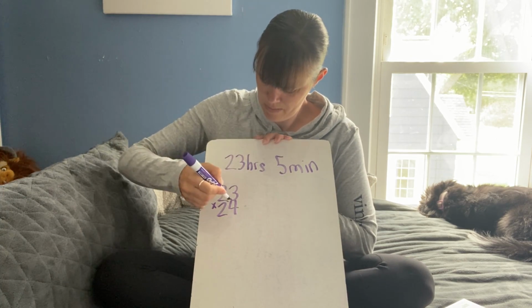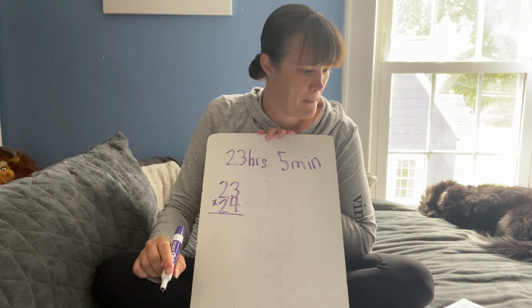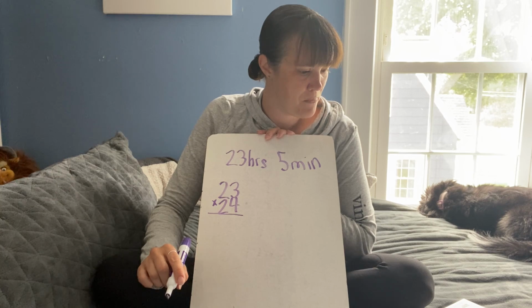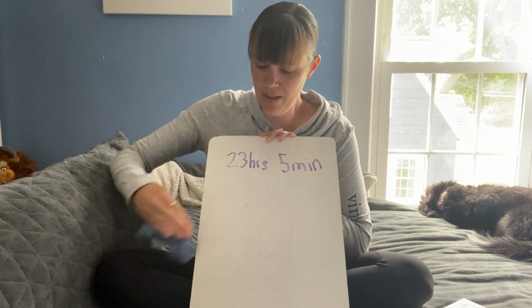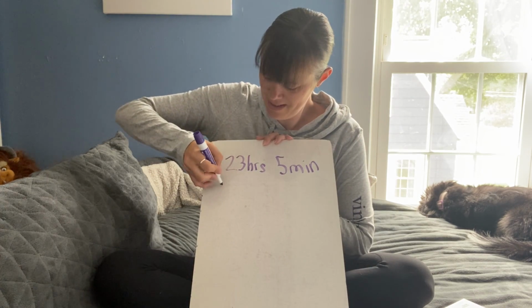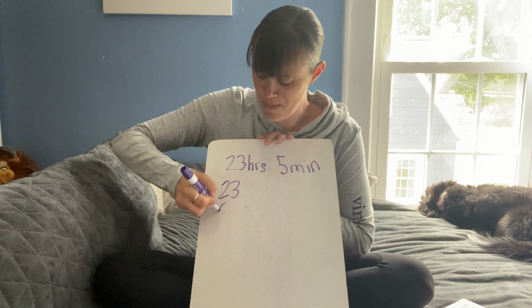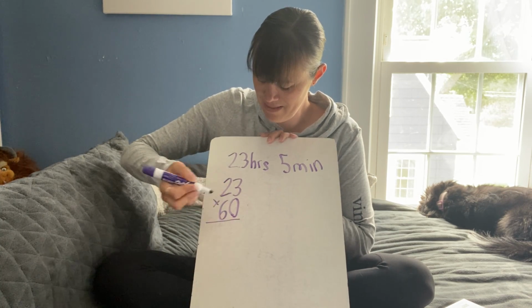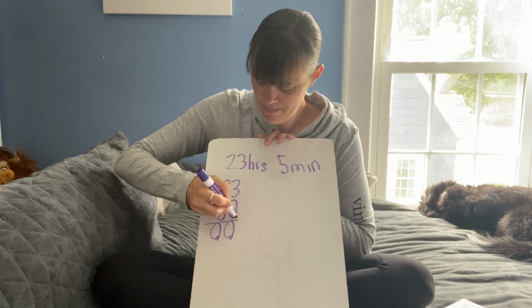Hours to minutes. Yep. Wait, that doesn't make sense. I want to see how many minutes, not how many days. I get towards the end and I get all confused. I have 23 hours and I want to find out minutes, so I'm multiplying by 60. Silly me. 0, 0.